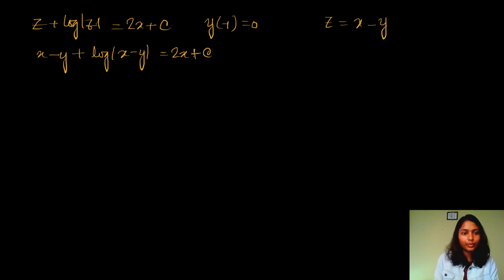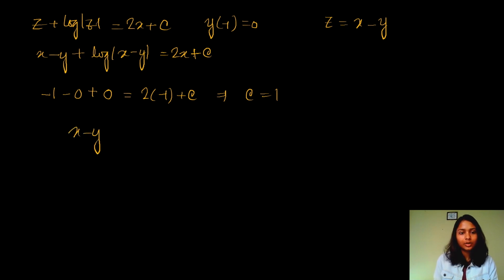So the value of x is 1 and y is 0: 1 minus 0, log 1 is 0, equals 2 into 1 plus c. So c will be minus 1. So if we just simplify it, it will become x minus y plus log mod (x minus y) equals to 2x minus 1.